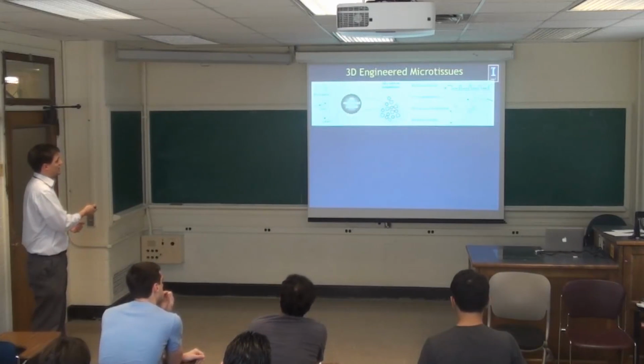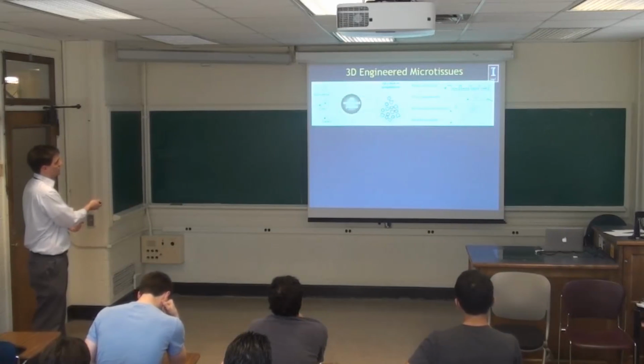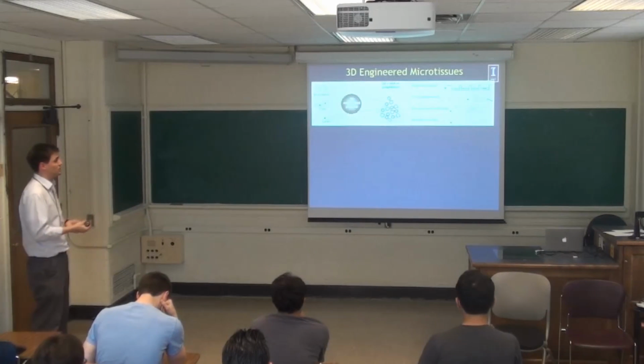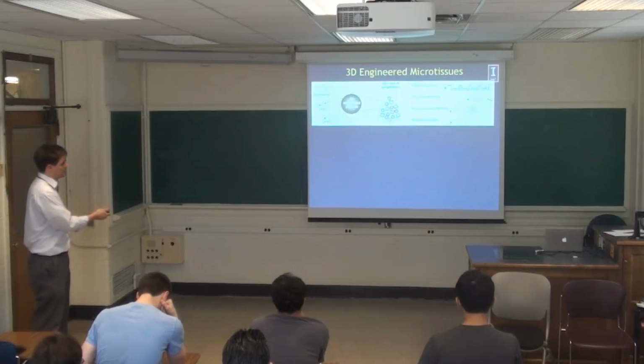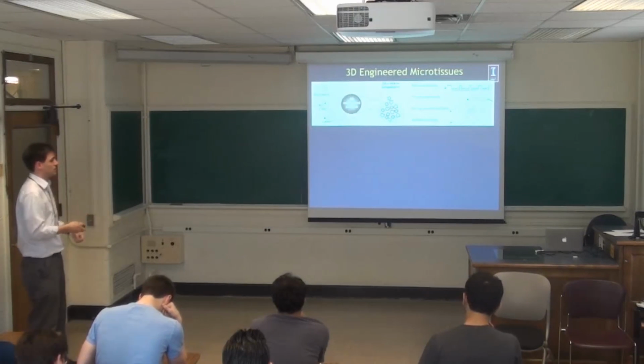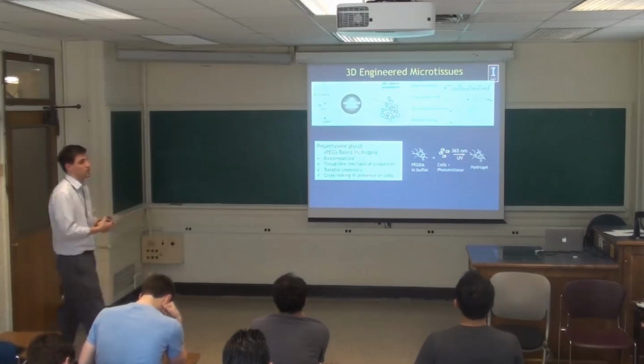So the idea here was we were going to miniaturize our three-dimensional constructs that have cells down to the microscale, and then it's very analogous to flow cytometry or flow-based analysis of single cells, and you could analyze a population of these miniaturized 3D constructs. And there are various materials that you can use for this.